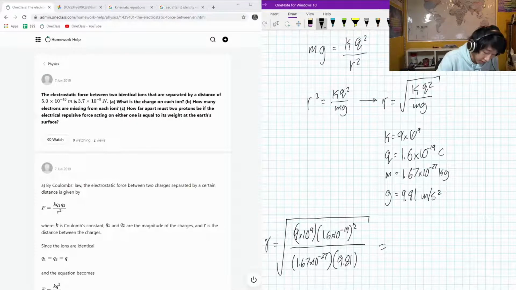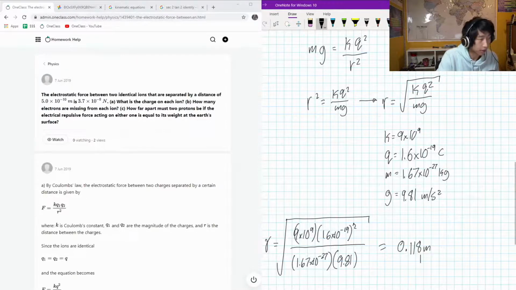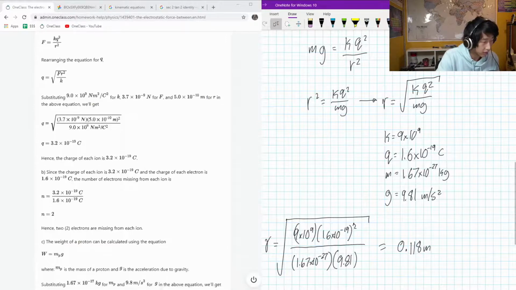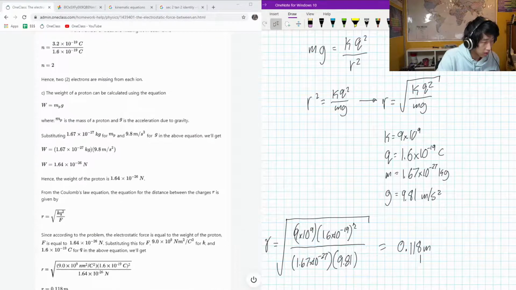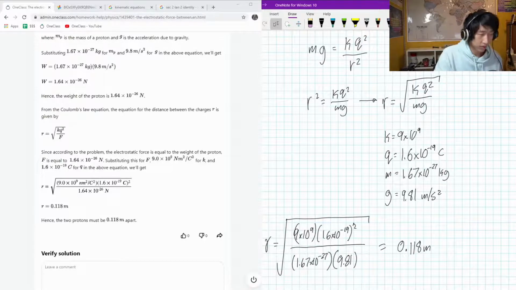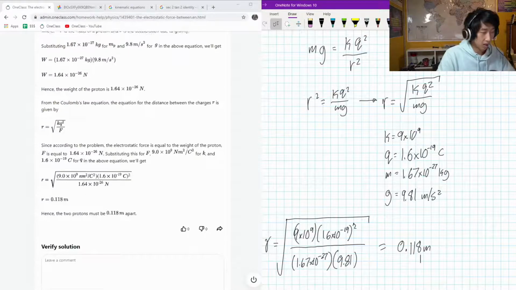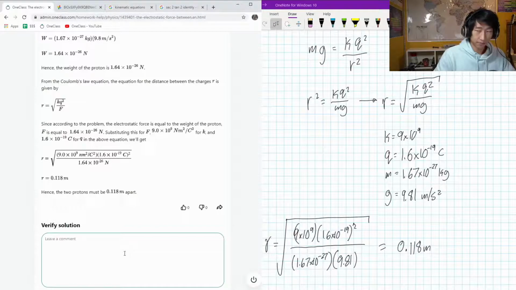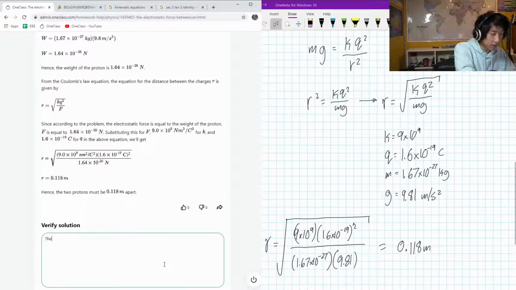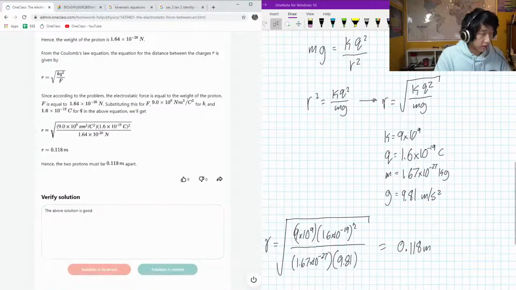My calculation for R is 0.118 meters. Hopefully we found a similar result here. Exactly. So this would be the separation required. That addresses all of the points of interest of this question, so we can call that question complete. Awesome. Big high five.